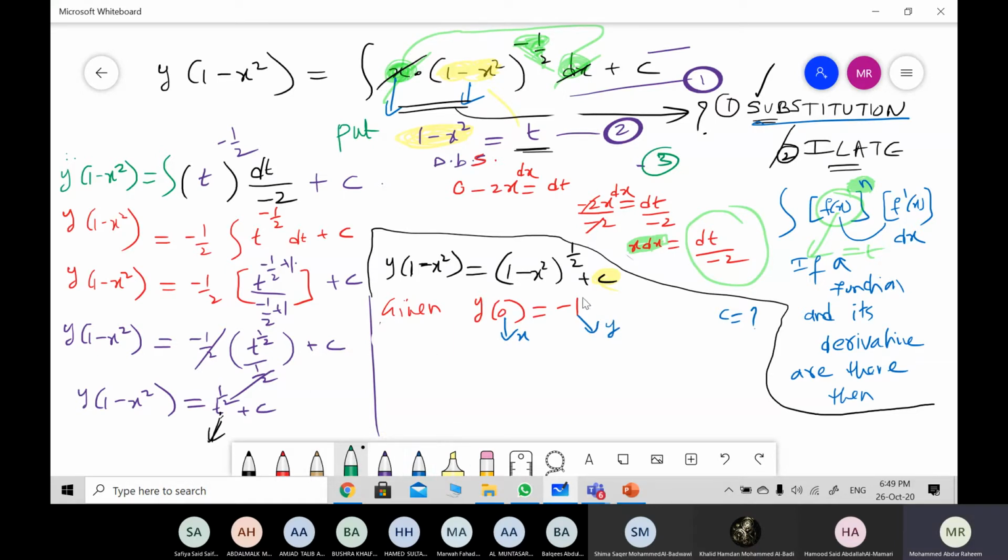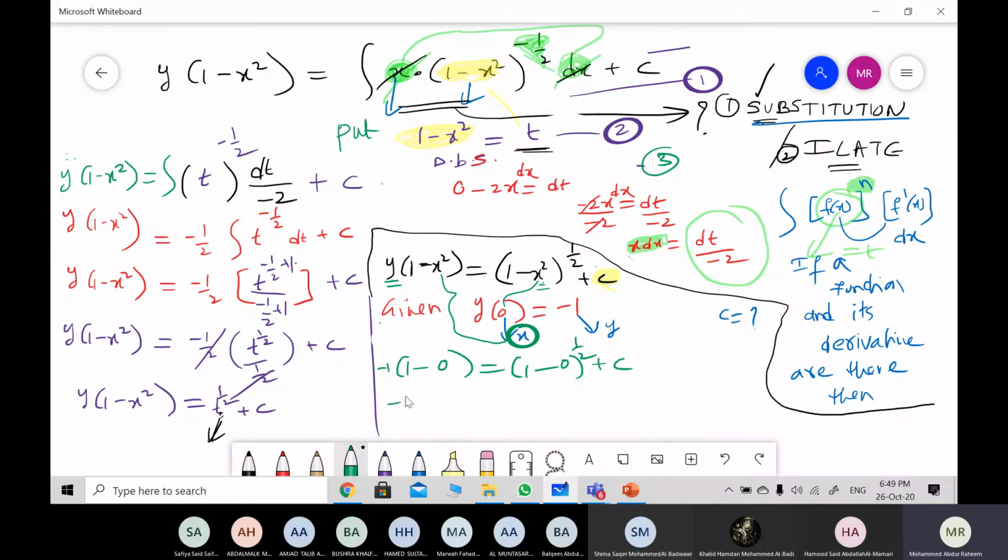Here y is minus 1, and 1 minus x squared, for x I write 0. 1 minus 0 is 1, power half, plus C.